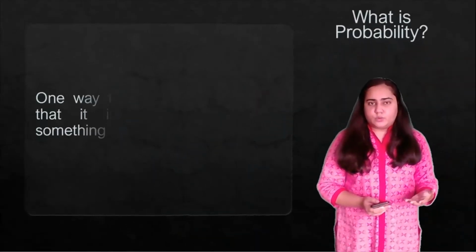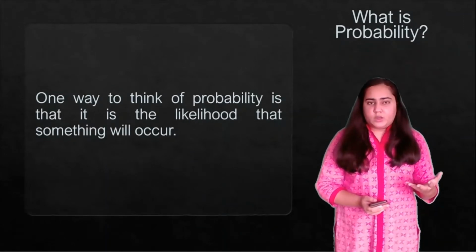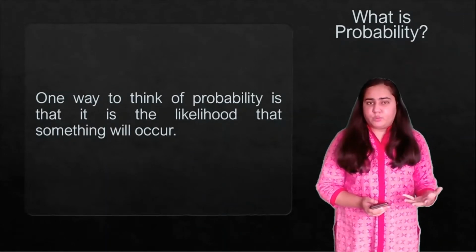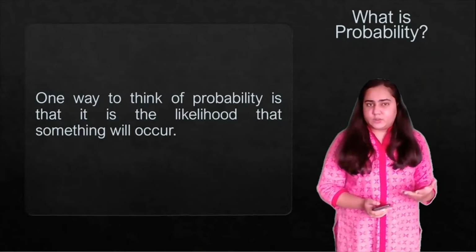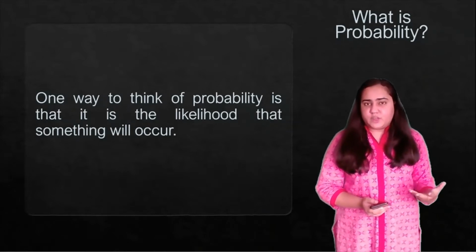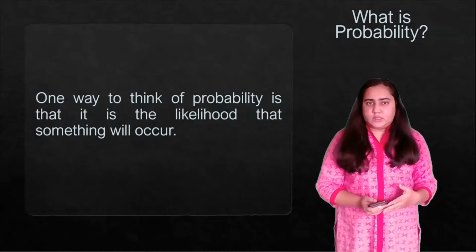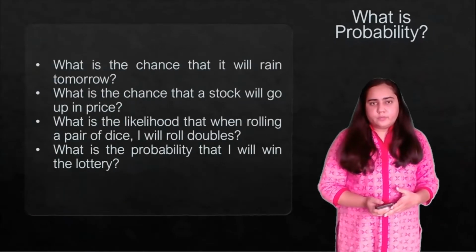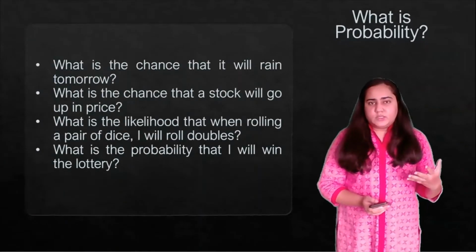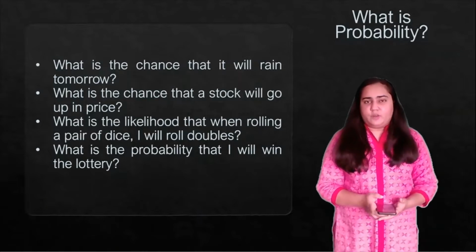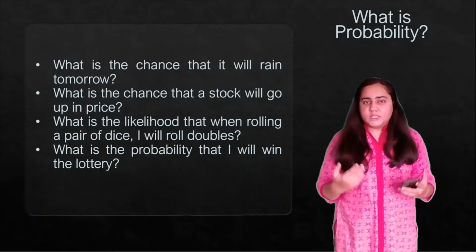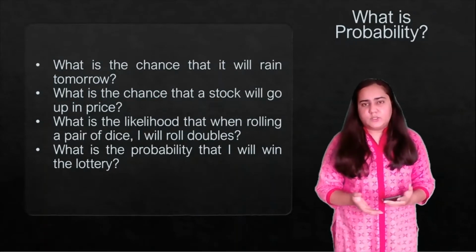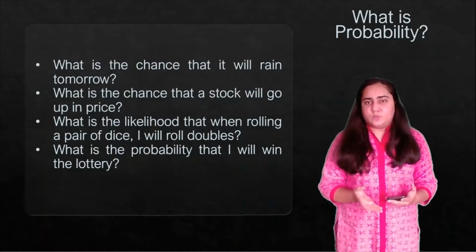And in order to describe or denote probability, one way to think of probability is also as the likelihood that something will occur. So you could define probability as the likelihood that something will occur. So this is an example of what probability is. You could answer questions like, what is the chance that it will rain tomorrow?